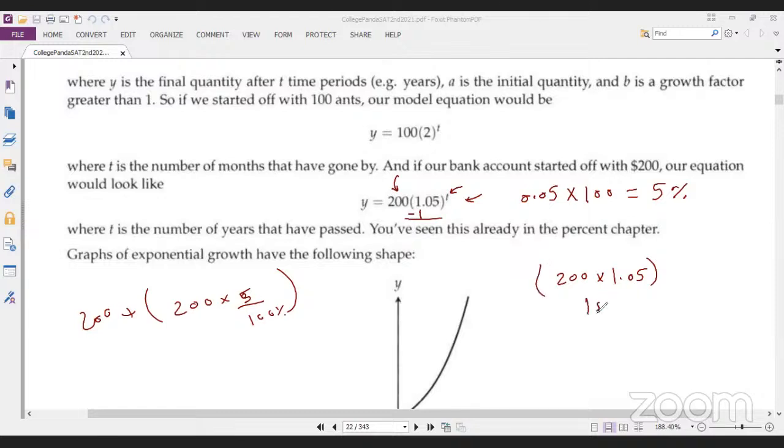So this is the first round of increasing. The second round, because it is compounded, 1.05, I increase a new value, a new amount here. Third round, the same 1.05. So it increases 3 times, and I can write it in this form now, power 3. So t here is 3 years, 3 months, whatever. This is about any bank account increasing by yearly compounded interest.